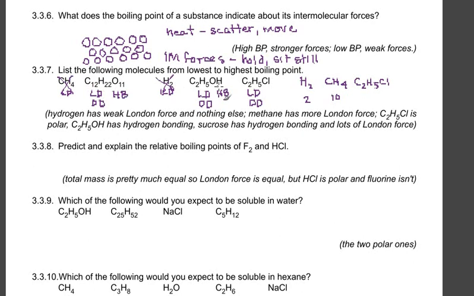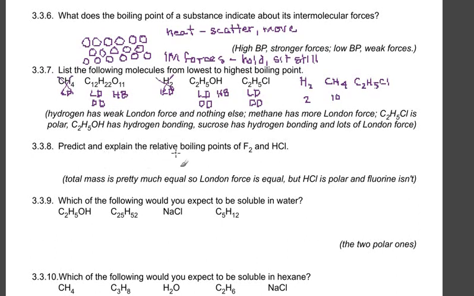So ethanol is a liquid, we know that from experience, and sucrose is a solid. So if it's a solid, it must have the strongest intermolecular forces. That tells us this one must have the highest boiling point. So some of this comes from deduction from the numbers of forces that it has, and a little bit of it comes from recognizing certain chemical names and knowing what those can tell you.